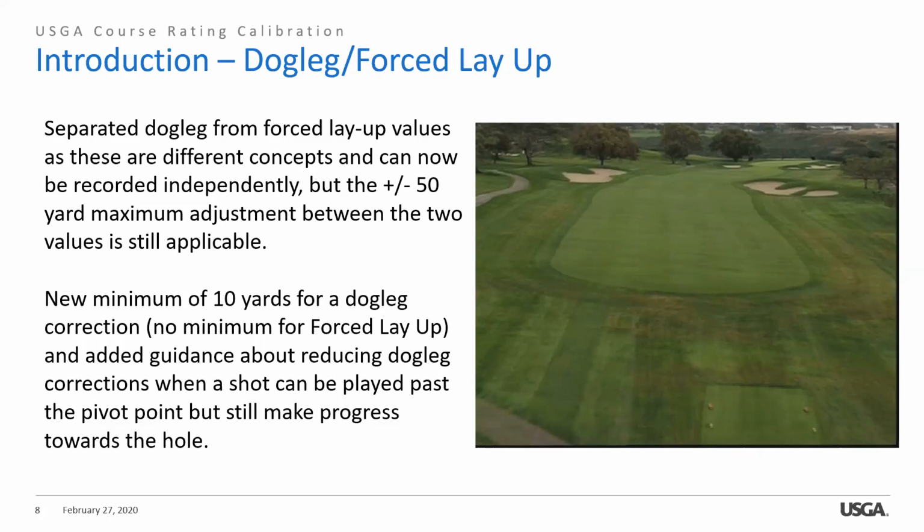Because before, if you remember, it was on the same row and you just put a number in there, and that number was very important to the rating, because if it was done properly, it either reduced or added yardage to the course, and more often than not added yardage, but with a forced layup. But if it wasn't applied properly, or the plus or minus wasn't in the right spot, that had a significant impact on the yardage. And so now I think it'll be clearer. It will result in a better rating, and I think easier for us to understand.